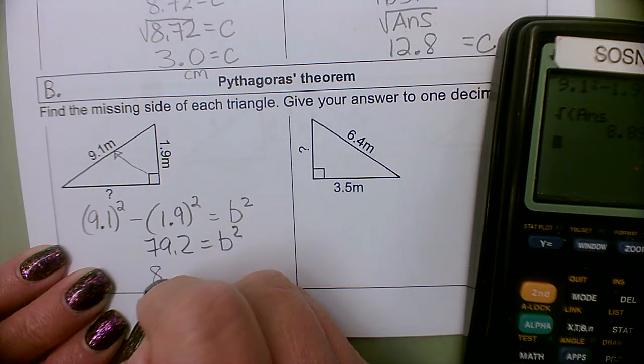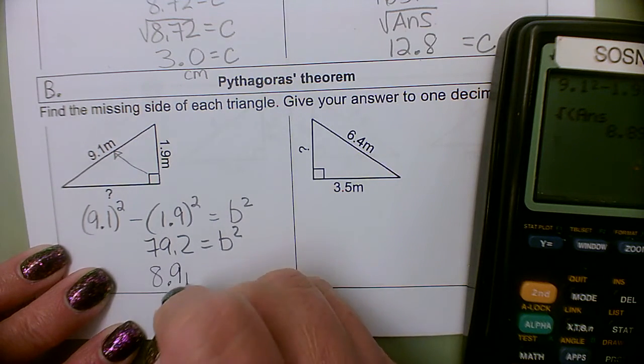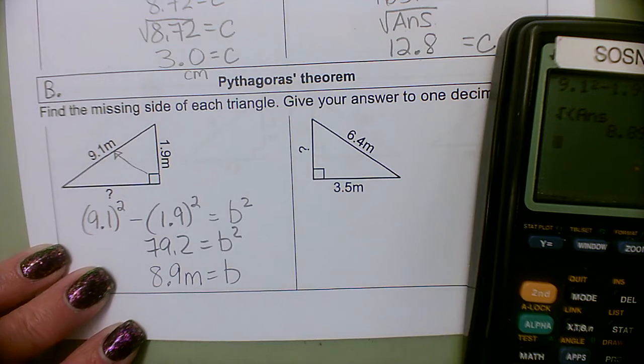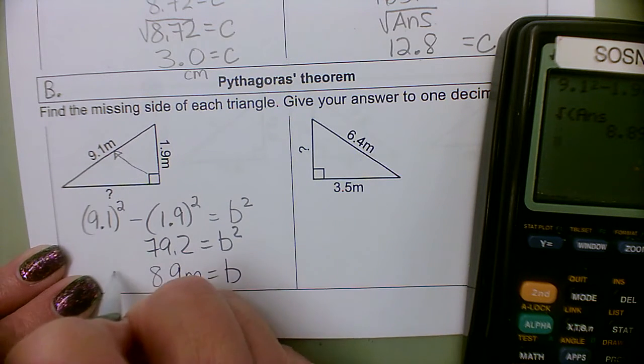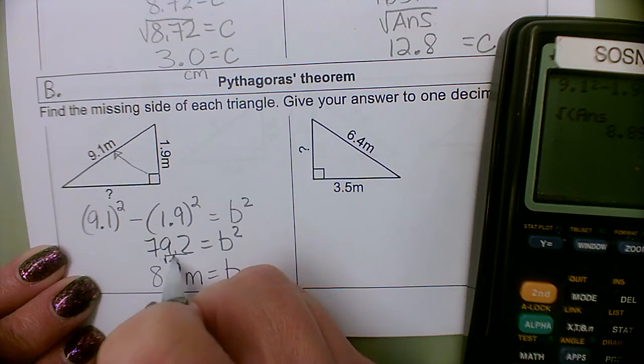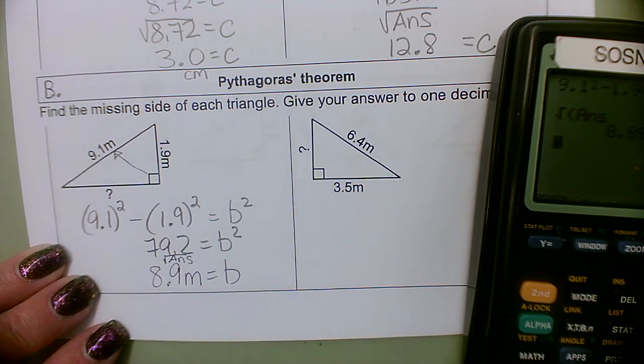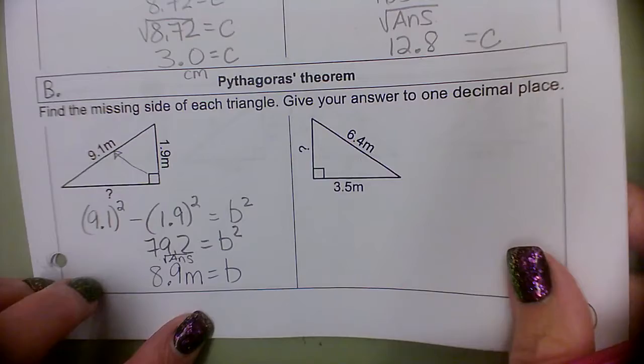So 8.9 meters equals that bottom side. Same process: I square rooted the answer.